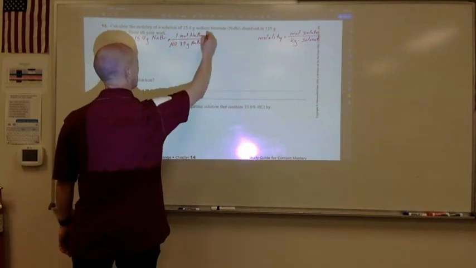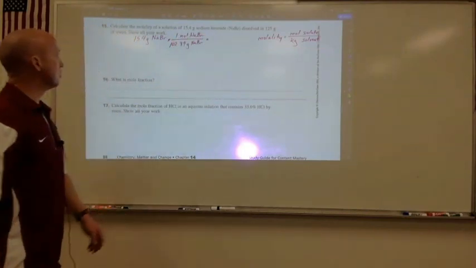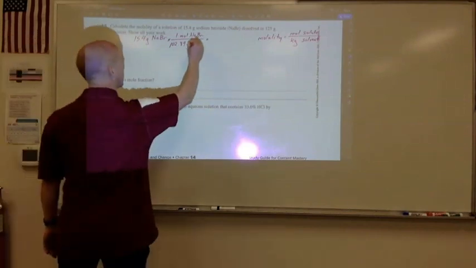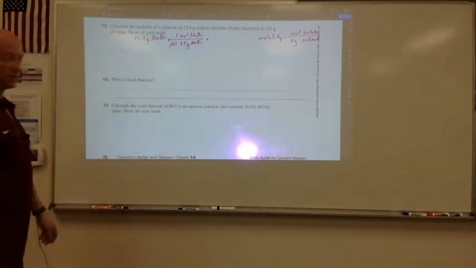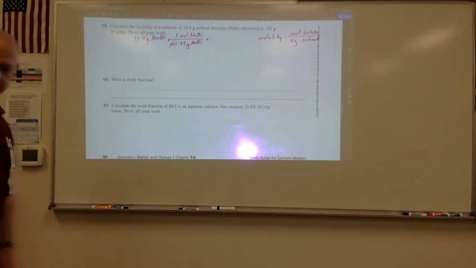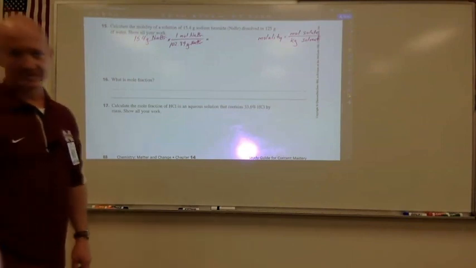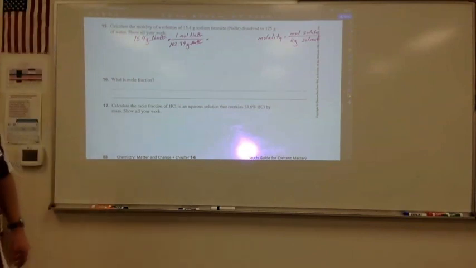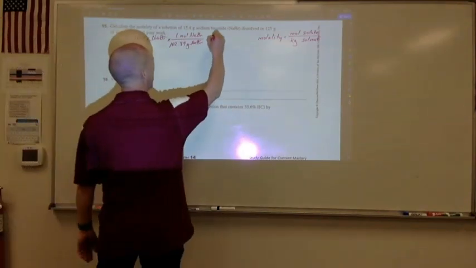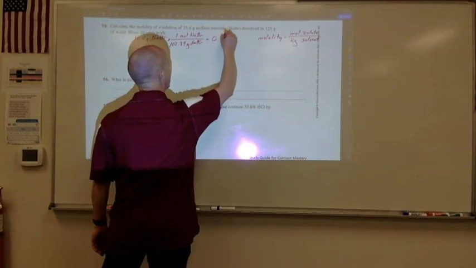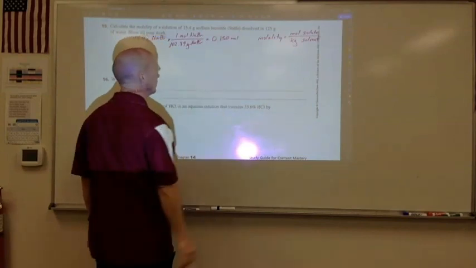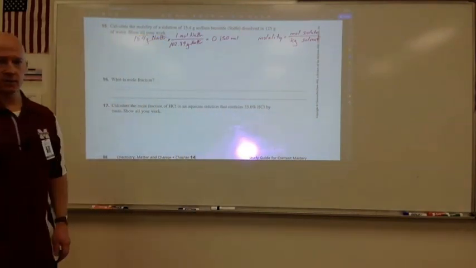So I got my setup here. I have grams canceling there. I get out my calculator, and that's going to give me 0.15 moles of NaBr.